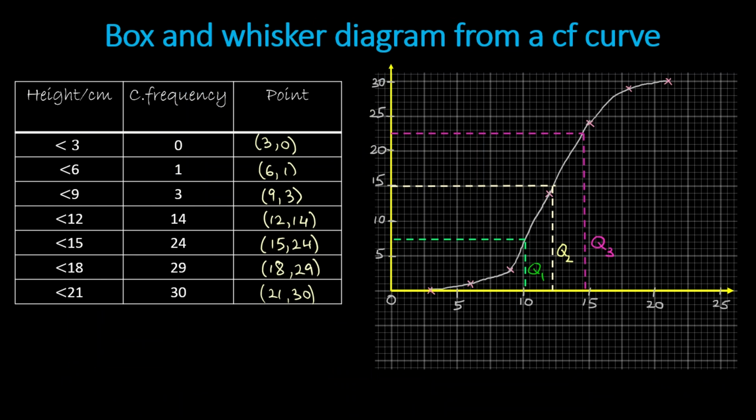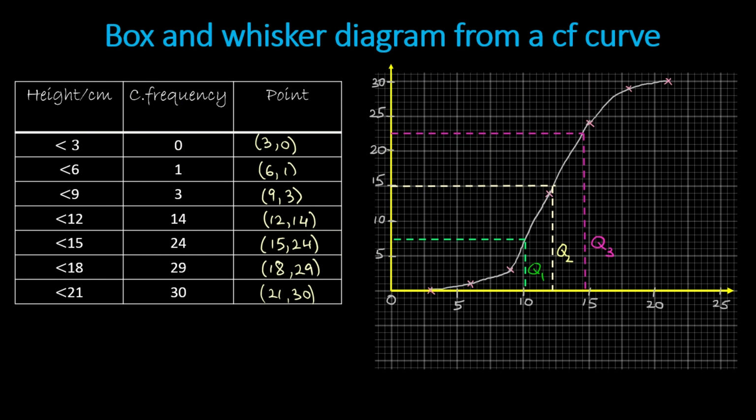Box and whisker diagram from a CF curve. Right, as we have said previously, a box and whisker uses the lowest value of the data, the highest value of the data, and the quartiles. Right, so here I have included the same CF curve from the previous example. Right, so we already have the curve.